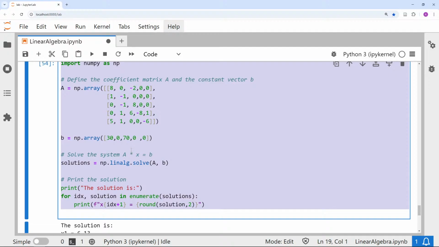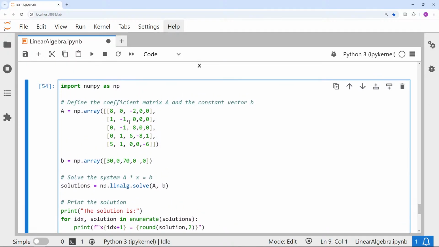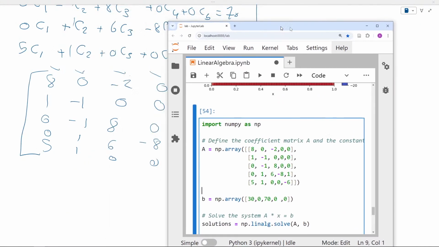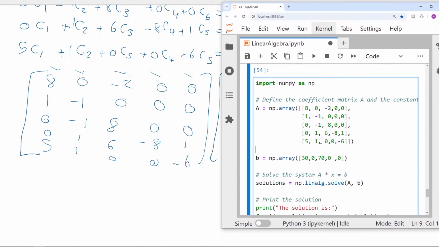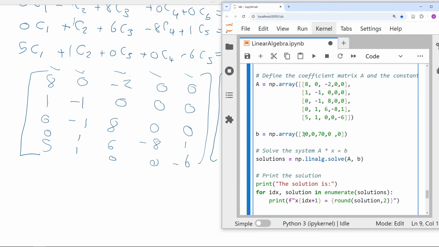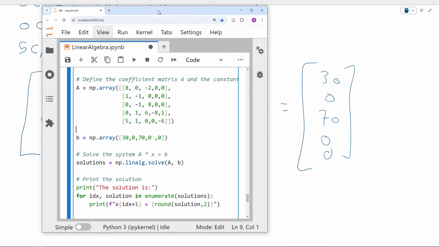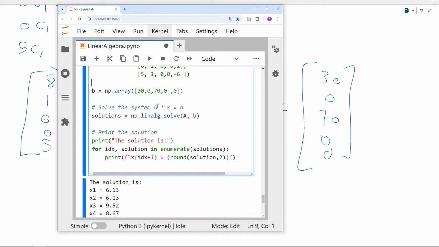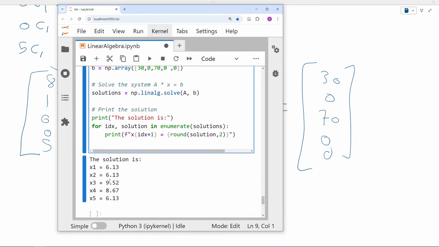Oh, I already have it. Oh, so I already have this done in Python. I don't need to do it actually. So you see here, I put my array here, and I put my right-hand side here. Yeah, and then I do the matrix inverse, and then that's the solution that I got. So try to do it with Excel and see if you will get the same solution.